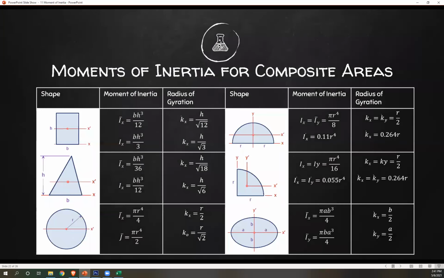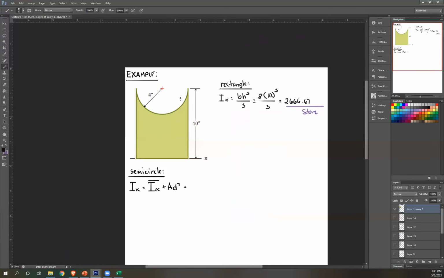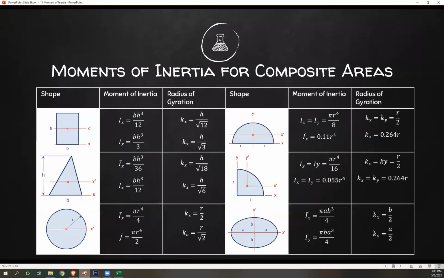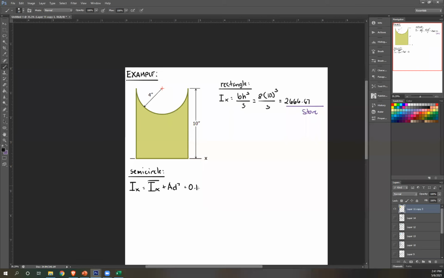Ix bar is 0.11 r raised to 4. And make sure the orientation in the given table is the same as your example. So yes, diameter on the horizontal. Therefore, 0.11 r raised to 4 plus A, that's just 1/2 pi r squared, and then dy squared.